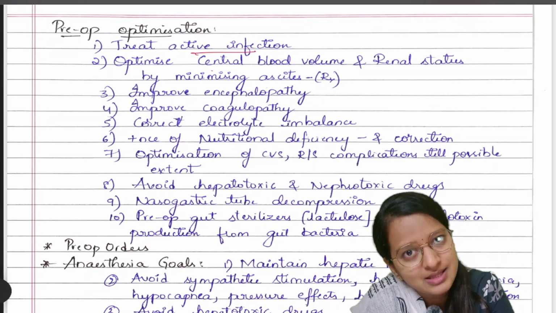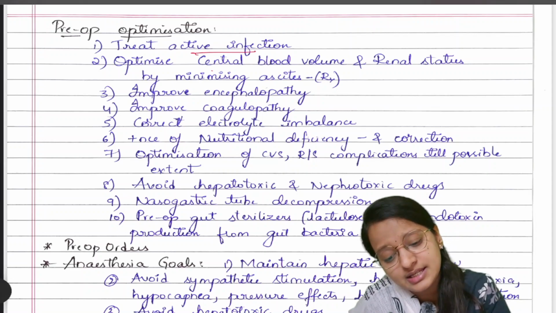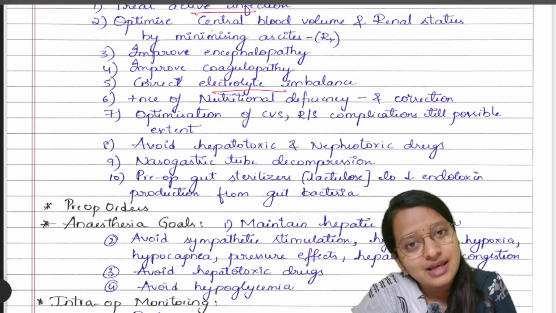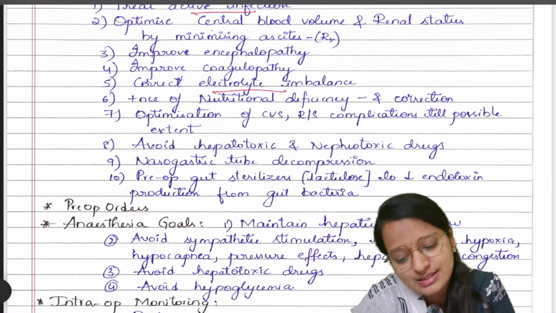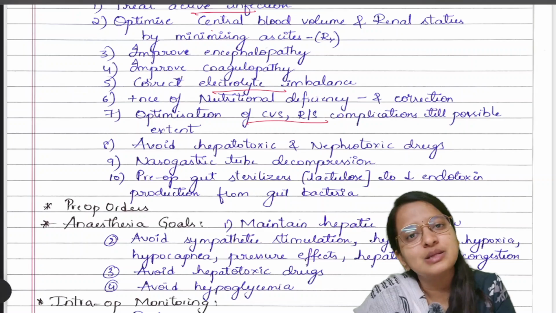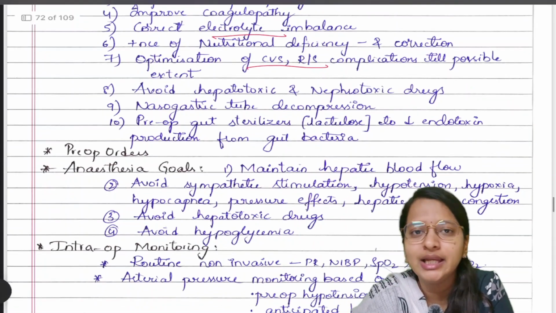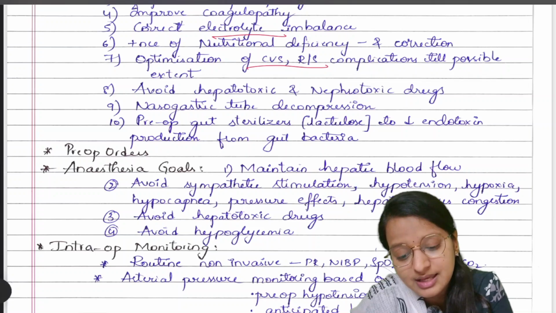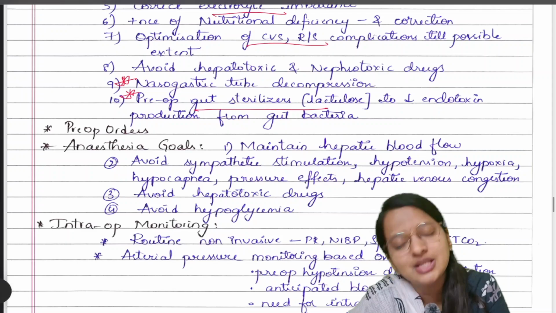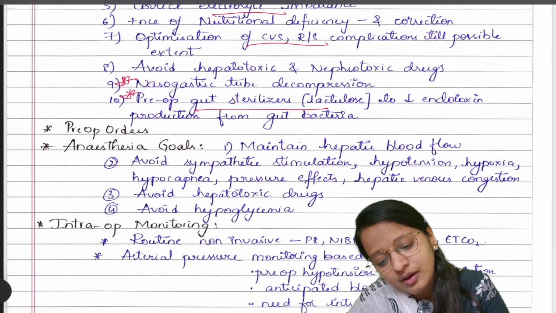I'll improve his encephalopathy and coagulopathy status. I'll correct any electrolyte imbalances. If there is any nutritional deficiency, I'll do its correction. I'll optimize his CVS and respiratory system complications. I'll avoid any hepatotoxic and nephrotoxic drugs. And nasogastric tube decompression and gut sterilization is very much important.